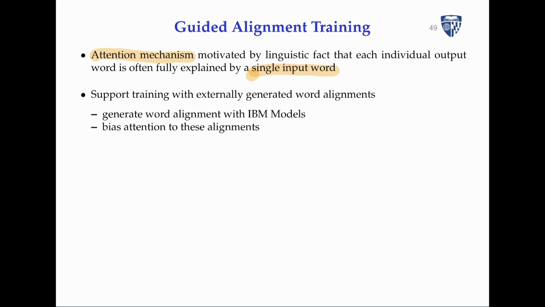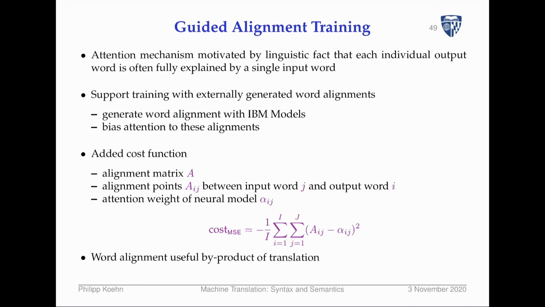So we could support training by having externally generated word alignments that enforce this kind of principle. We first generate word alignments with the IBM models and then bias attention to these alignments.